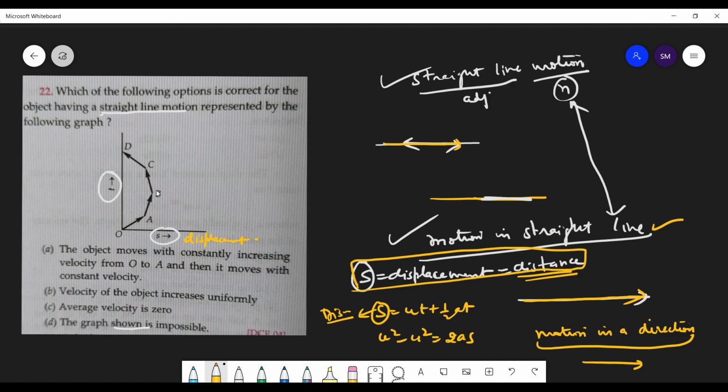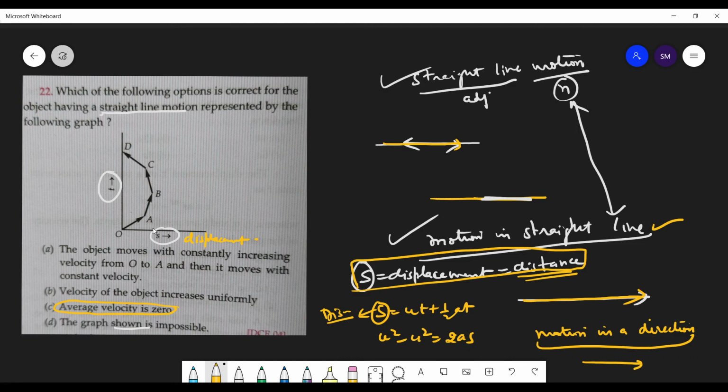Now tell me which one of these options is correct. The object moves with constantly increasing... Maybe the option of this velocity is 0, as the total displacement is 0 at time t, from its original position. Average velocity is 0.